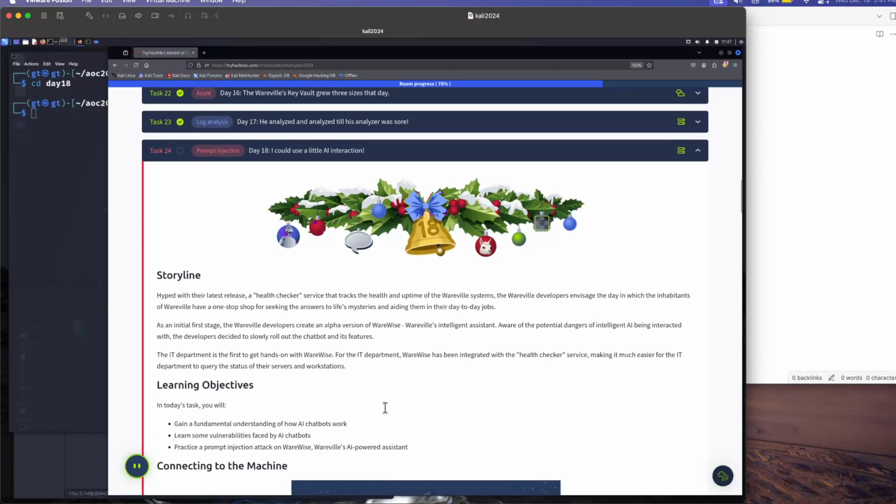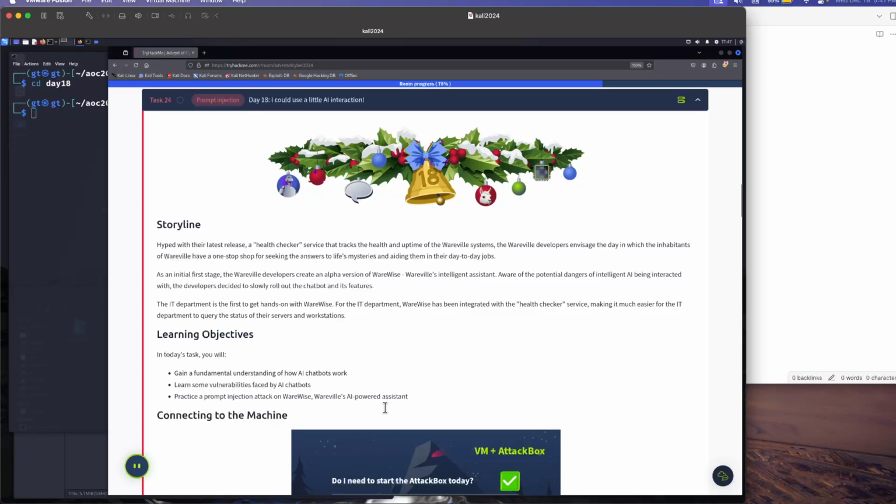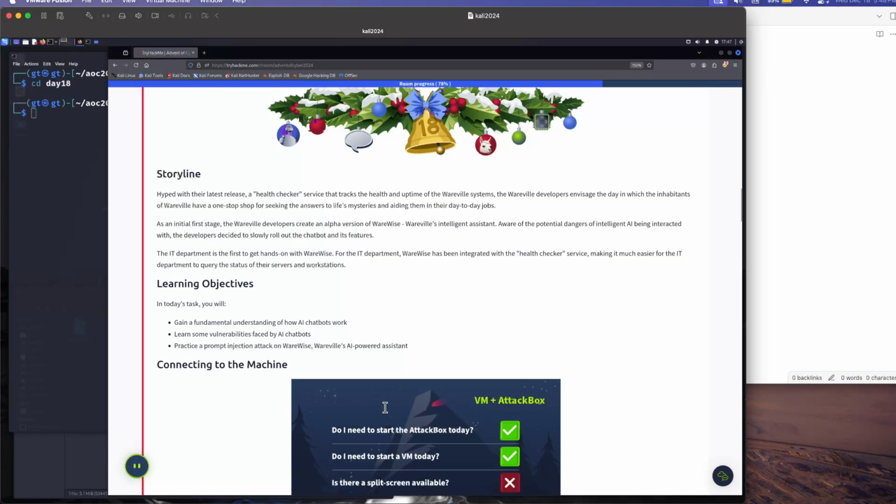Storyline: hyped with their latest release, a health checker service that tracks the health and uptime of Wareville systems. The Wareville developers envisage the day in which the inhabitants of Wareville have a one-stop shop for seeking the answers to life's mysteries and aiding them in their day-to-day jobs.